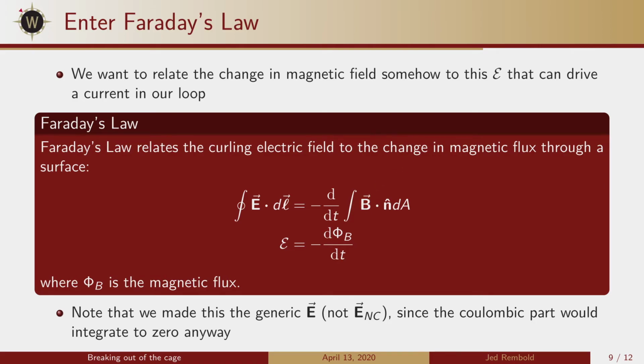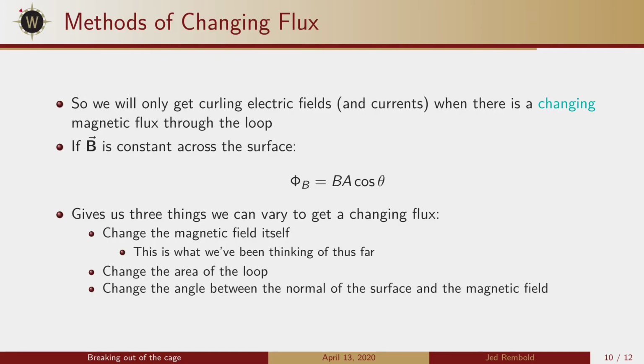So what we're curious about, of course, is the changing magnetic flux. How can we change the flux? What are the various ways we can get a changing flux in a problem? Well, there's basically three ways. If you figure that flux is B dot A, or B dot dA, I could write that out as the magnitude of B times the magnitude of A times the cosine of the angle between them.